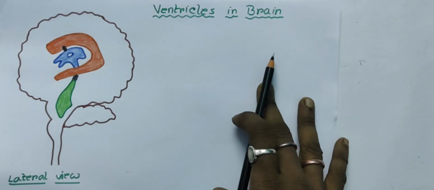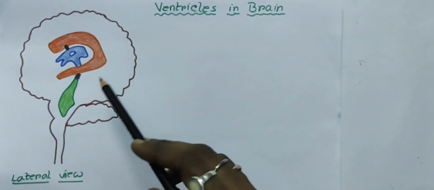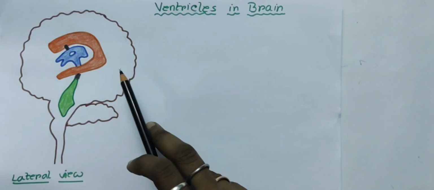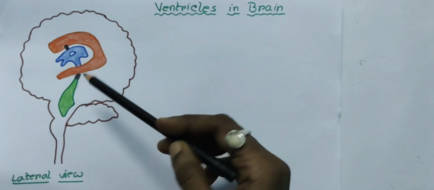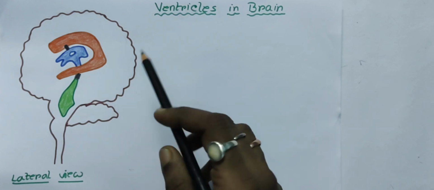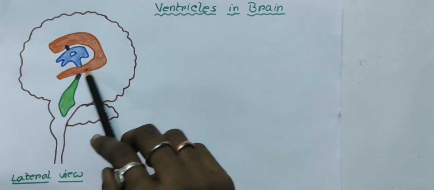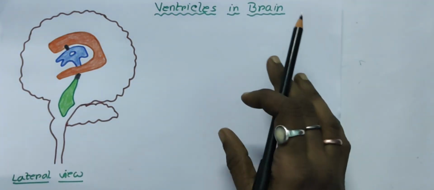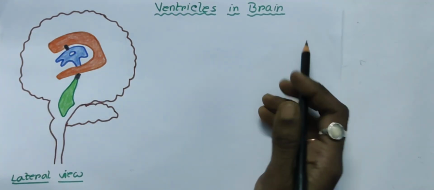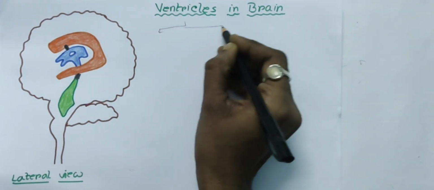If we look at this picture, this is the lateral view of our brain, and here by the color I am showing you the ventricles only. This orange part is the lateral ventricles, because the ventricles of the brain are divided into four.